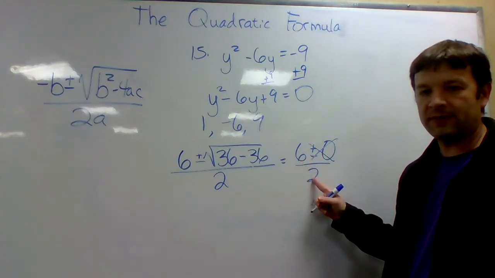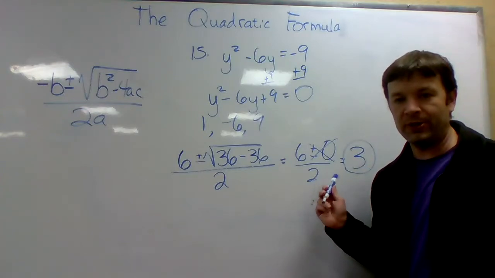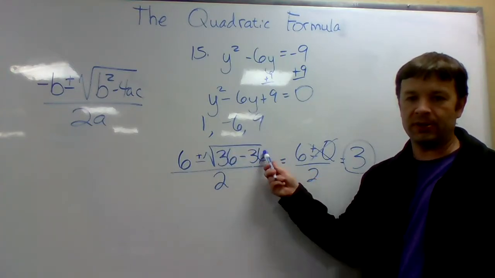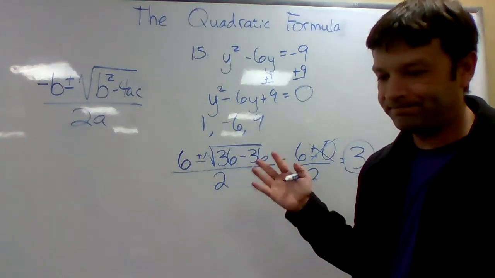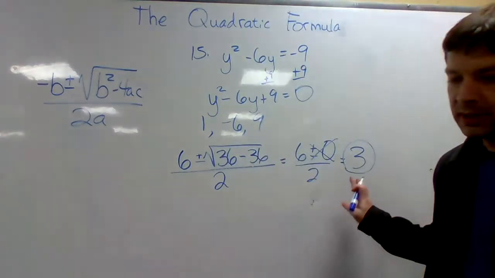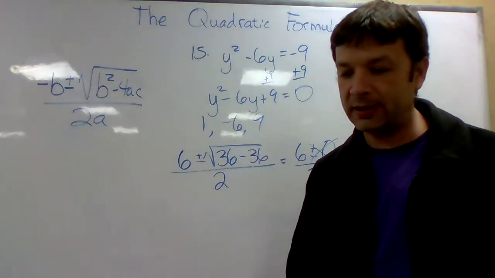So it's just 6 divided by 2 is 3. So this is one of the rare ones that has one answer. And that happens when there's a 0 under the square root because the plus or minus becomes not important. So anyway, 15, 16 has the same thing. 15 and 16, I believe, are the only ones like that.